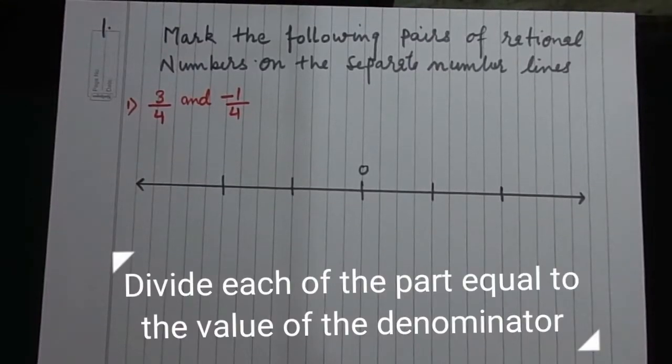So once again, we are in exercise 2b of rational number. We are dealing with rational number, we shouldn't forget. And in exercise 2b, some advanced form will be given.